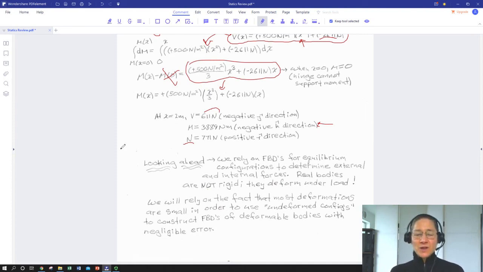And we'll be relying on the fact that, as a separate idea, most deformations are small. We're not looking at material processing here, where we're going to have huge deformations like you would in forging a metal or extruding something like a particulate polymer composite. We're looking at very, very small strains.